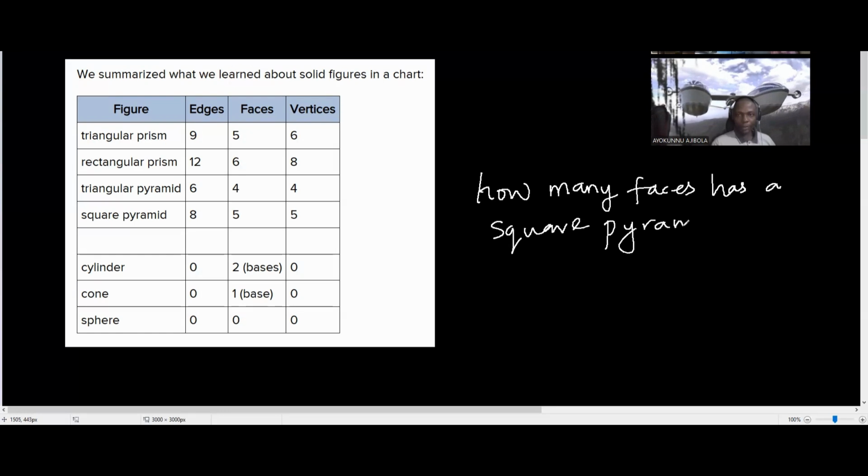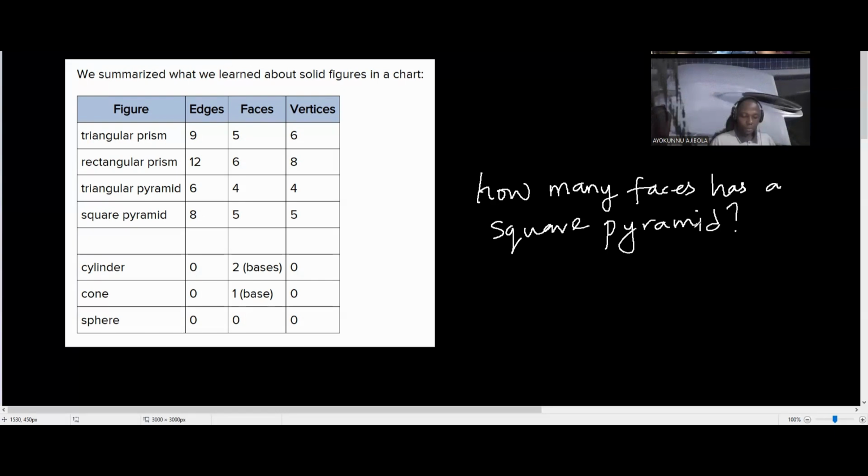Square pyramid. How many faces has a square pyramid? Answer the question. Check the table for your answer.